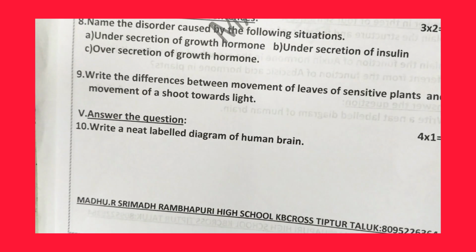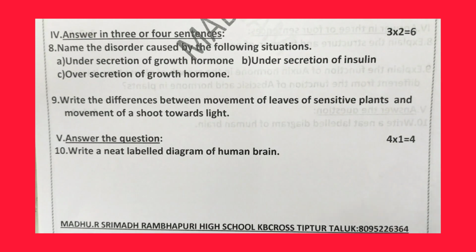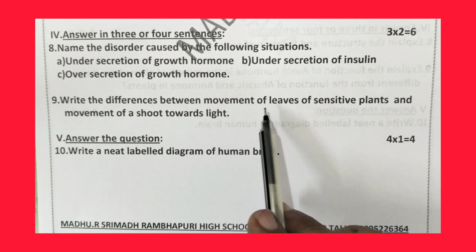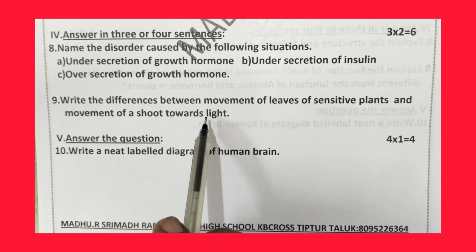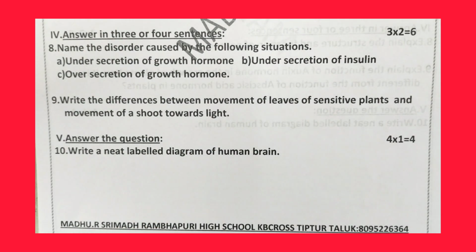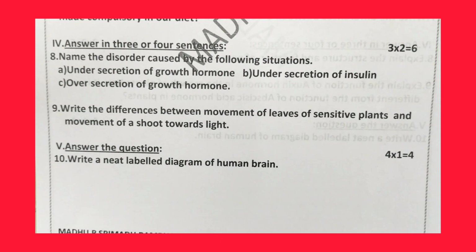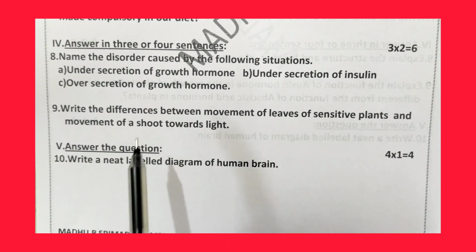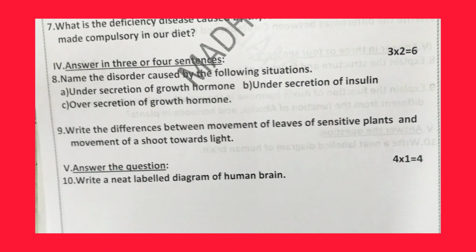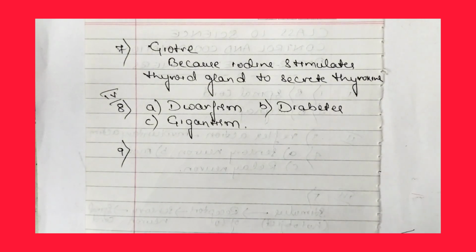Next, let us move for question number 9. Write the differences between movement of leaves of sensitive plants and movement of shoot towards light. So let us differentiate between them.